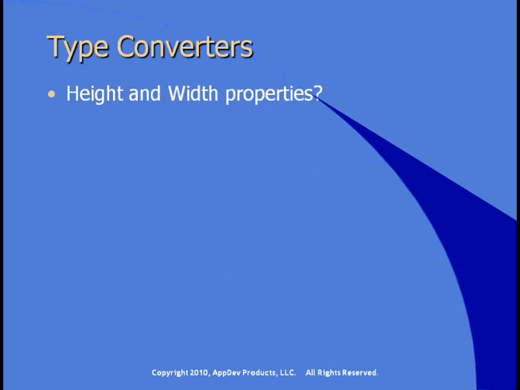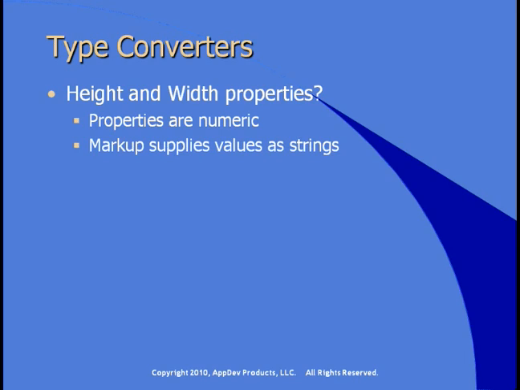For example, what about the height and width properties? We set those as a string, but clearly those are numeric properties. They're numbers, they're not strings. But the markup supplies their values as strings, their attribute values as strings. Someone had to think about all this as they first started designing XAML, thinking, how are we going to let the users use XML, which requires strings for attribute values, but actually treat them as numbers?